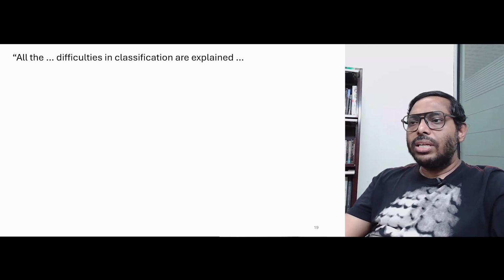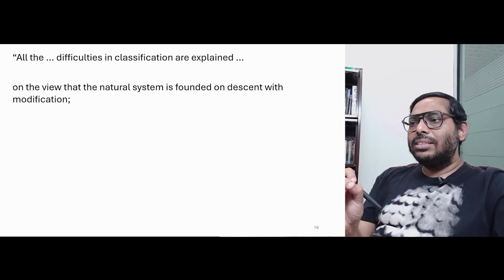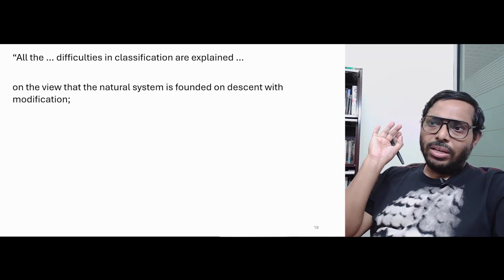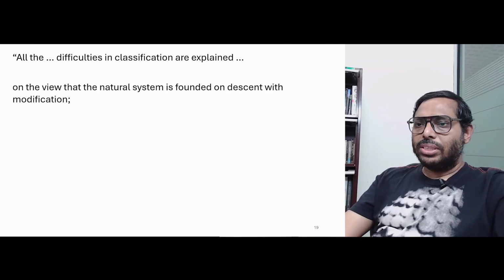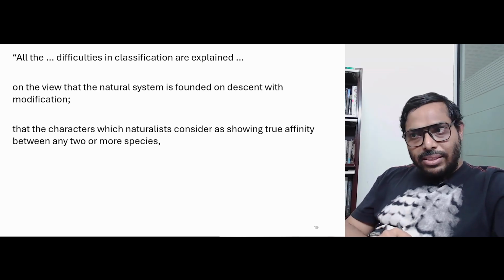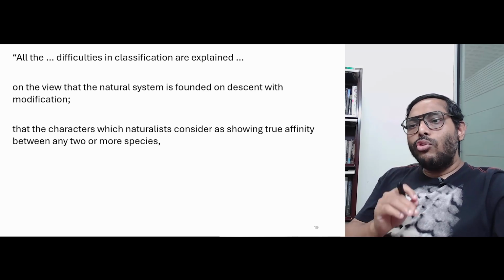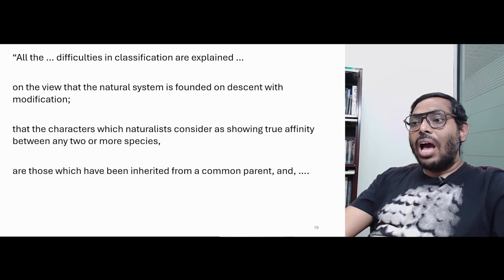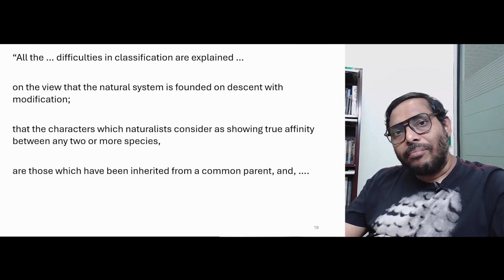So, all the difficulties in classification are explained on the view that the natural system is founded on descent with modification. Okay. So, difficulties in classification are explained if you assume DWM is correct, that the characters which naturalists consider as showing true affinity between any 2 or more species are those which have been inherited from a common parent. Okay.